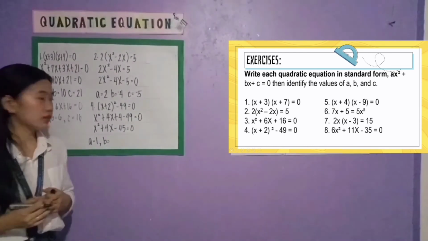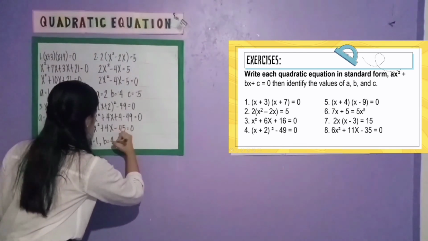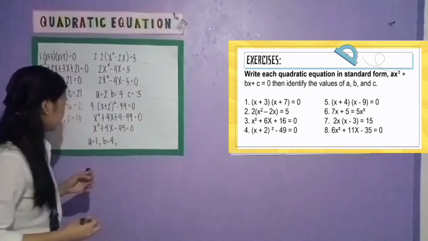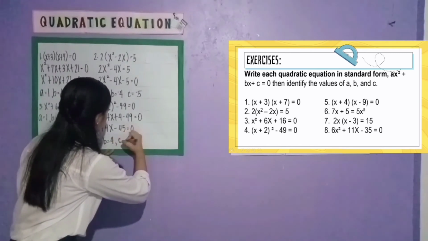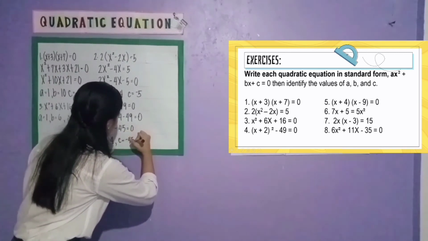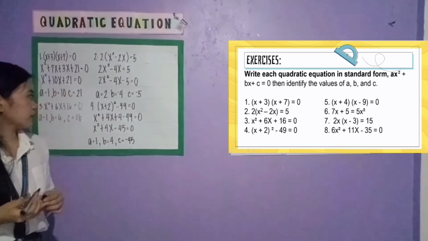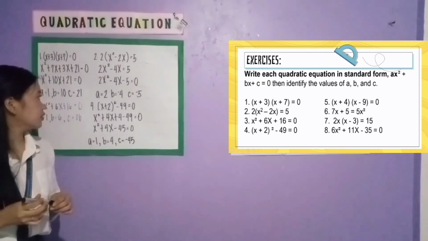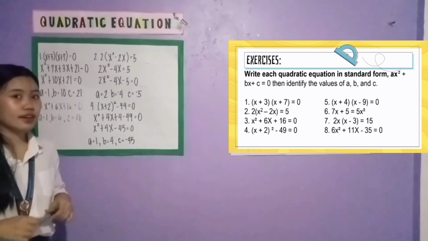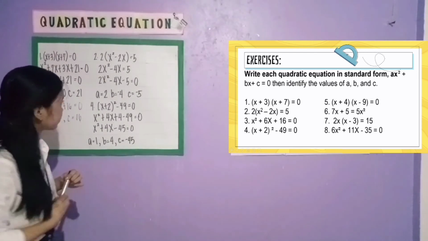B is 4. Good. And the last term, or C, is negative 45. So that's it. That's the answer for number 4.